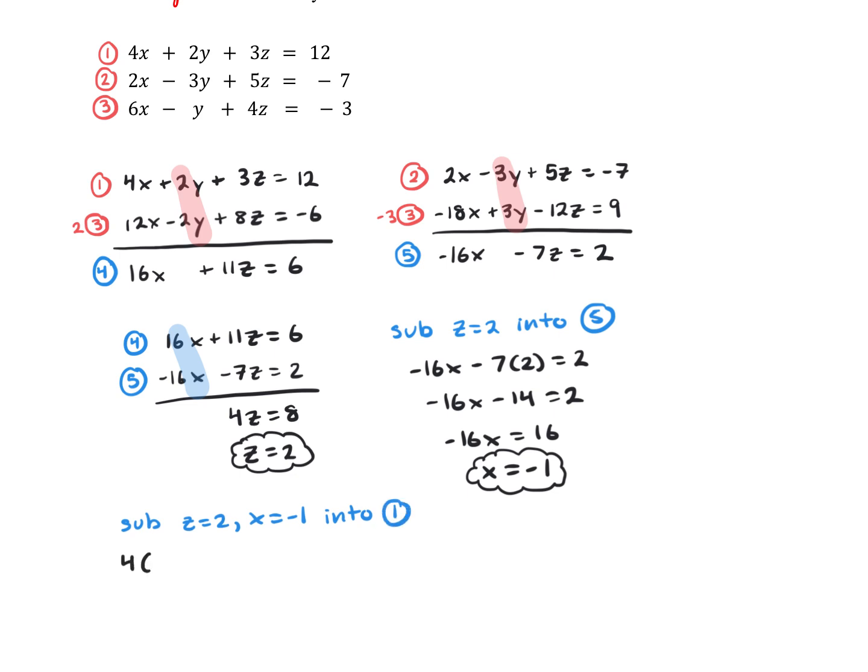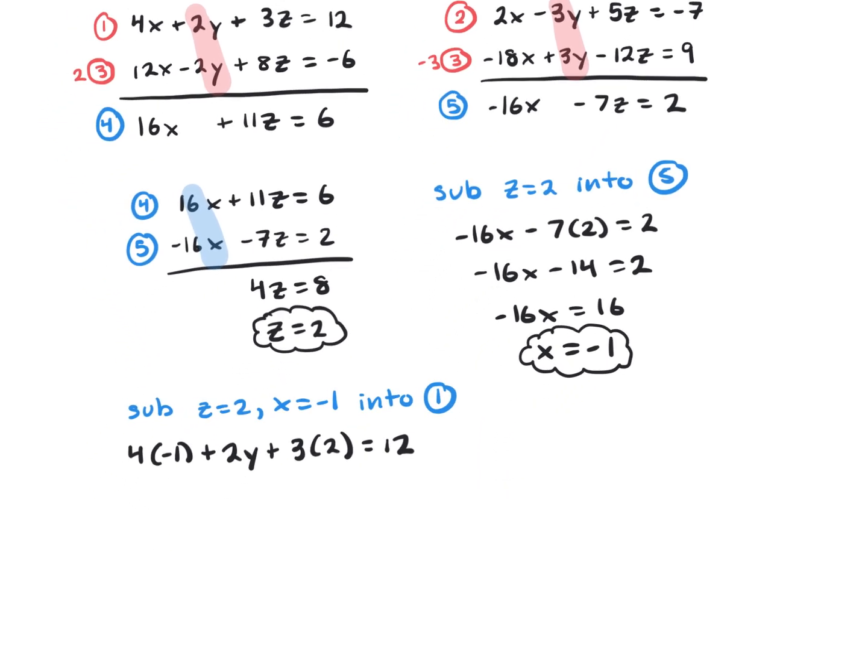So we have 4 times negative 1 plus 2y plus 3 times 2 equals 12. And now we just have to finish solving. So negative 4 plus 2y plus 6 equals 12. We can combine like terms. Subtract 2, and we get y equals 5.